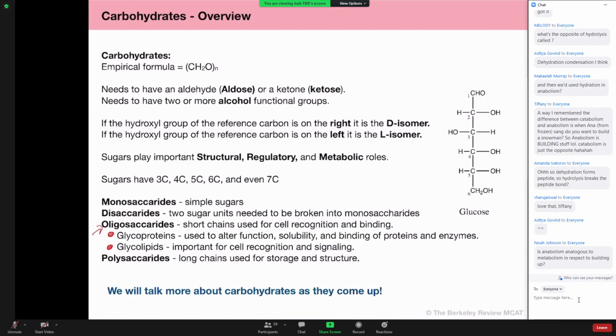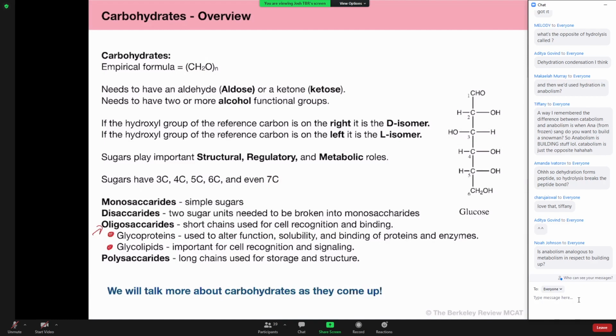Later you'll realize that these sugars play an important role, and they might alter the function of the protein. They might alter the solubility. They might change the binding affinity of different proteins for enzymes just by attaching or detaching these oligosaccharides.